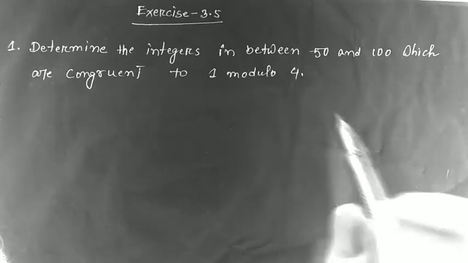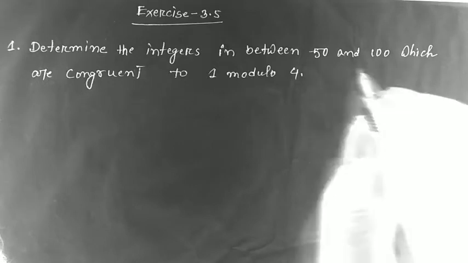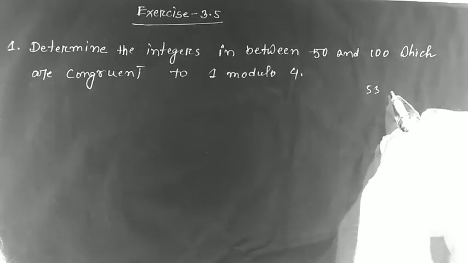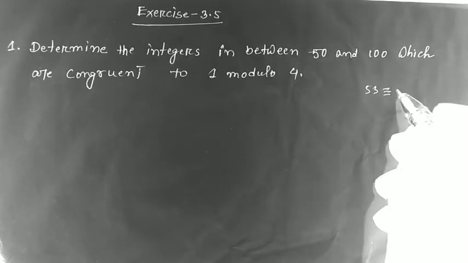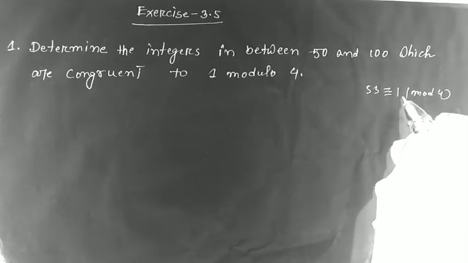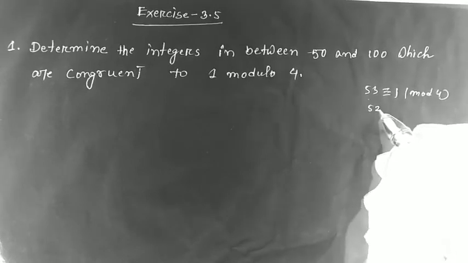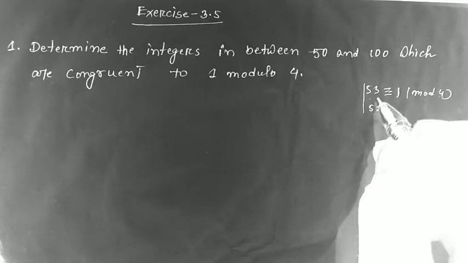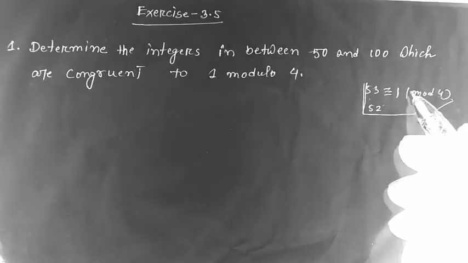Suppose 53 is congruent to 1 modulo 4, because if we take 1 this side, it will be 52, and 52 is divisible by 4. So we have to find all such integers between 50 and 100.